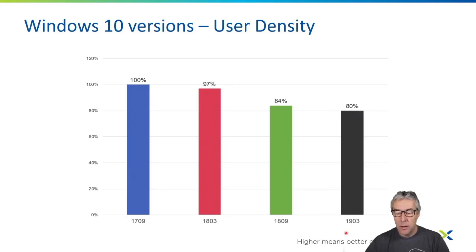Why? Because that build has more functions, has more resource requirements. So the message here is the build has or can have a significant impact on your density. So as the builds increase or become more and more modern, that user density reduces.